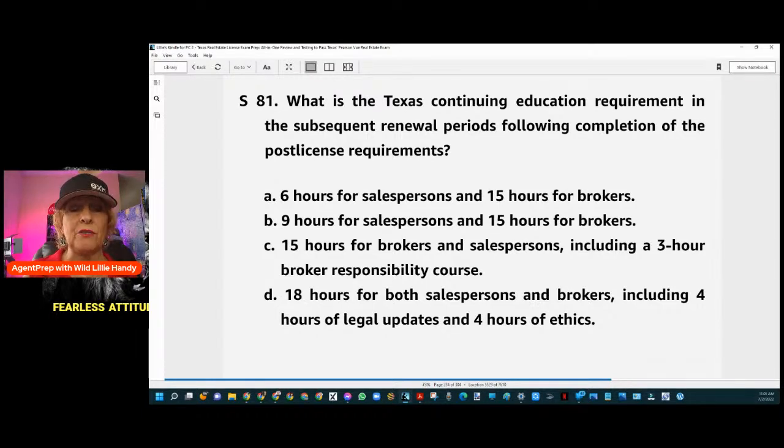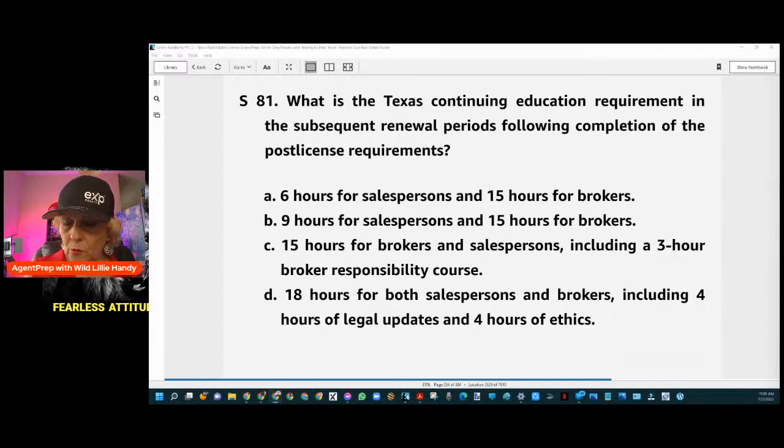Or D, 18 hours of both salesperson and brokers, including 4 hours of legal updates and 4 hours of ethics. And it's actually 8 hours of legal update. There's legal update 1 and 2. The ethics alternates every couple of years.